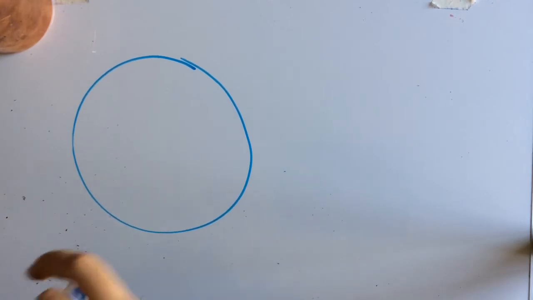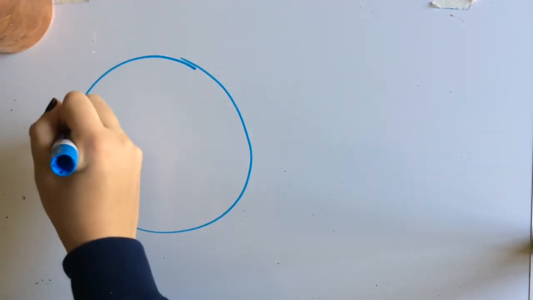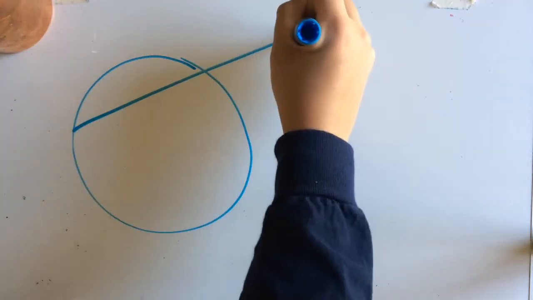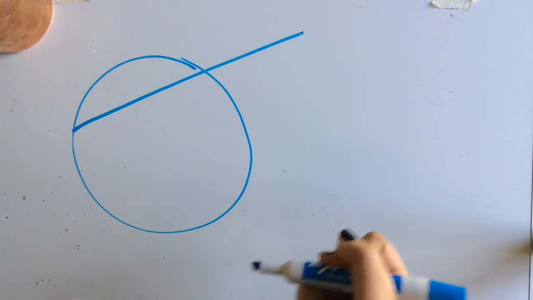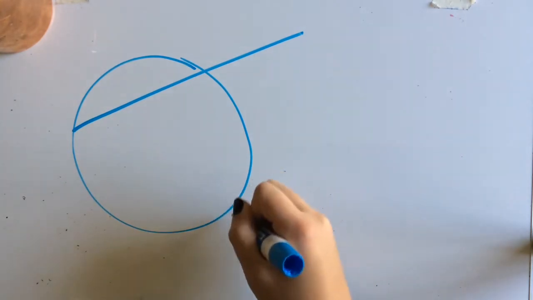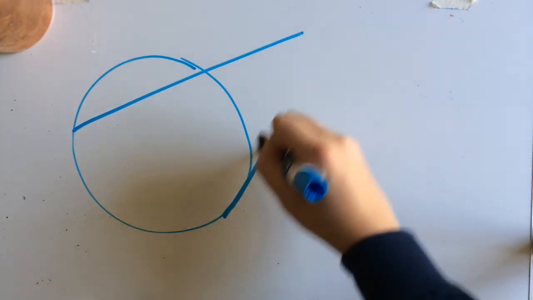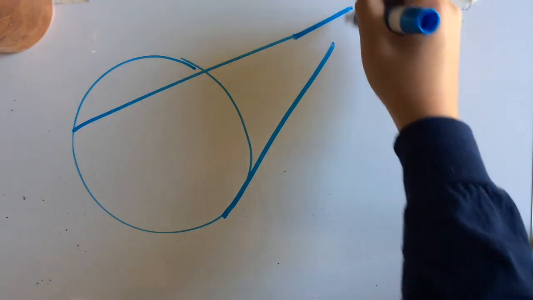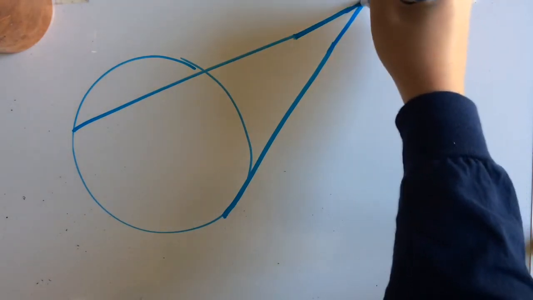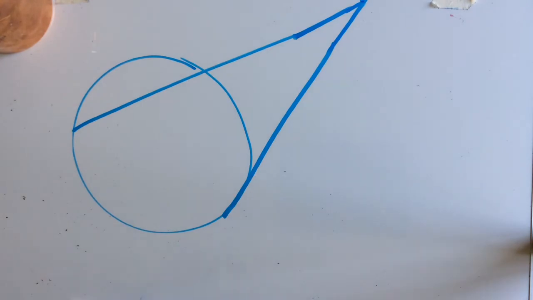All right, now let's look at an example of a circle with 2 segments, one secant line. So that means a line that crosses the circle at 2 points. Okay, and one tangent line. So a line that only crosses the circle at 1 point. So it kind of is on the outside of the circle. And where they intersect on the outside at a point.